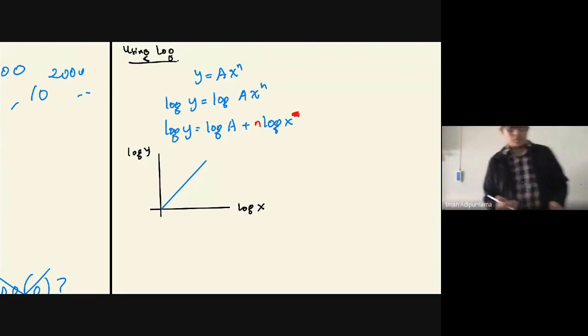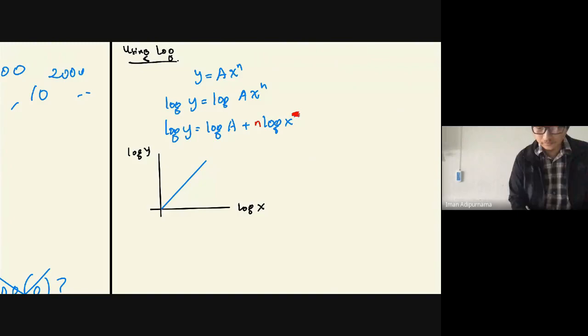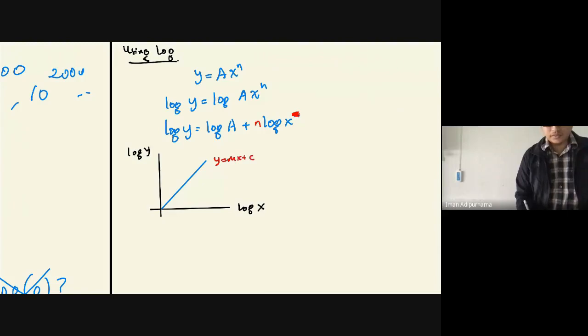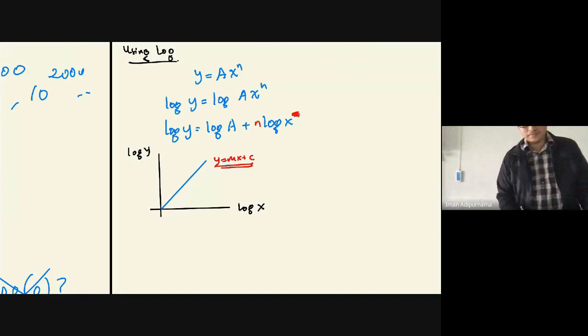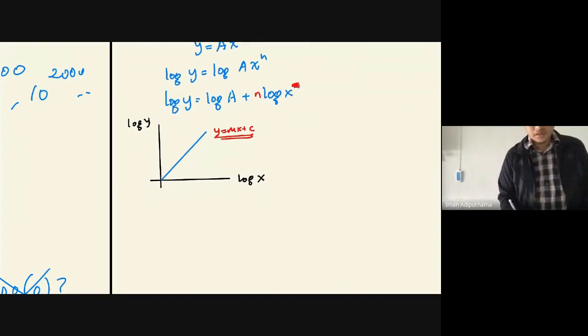To find this linear function, the n will be the gradient, right?